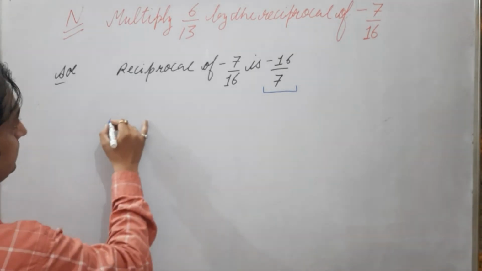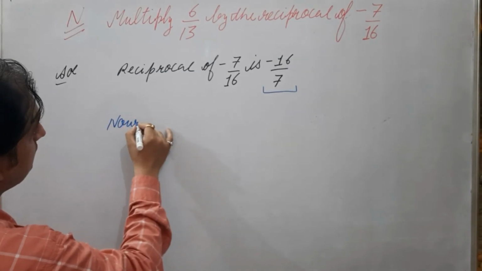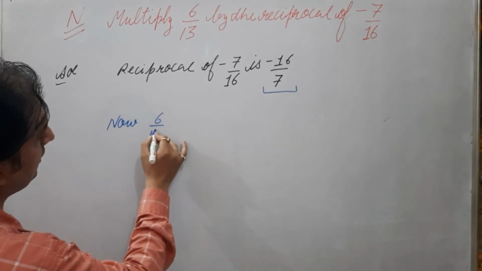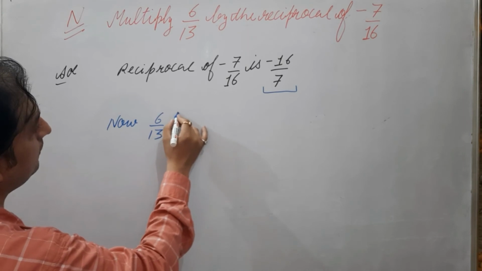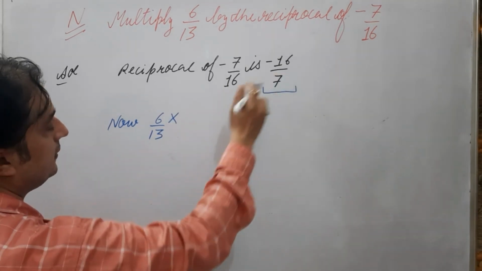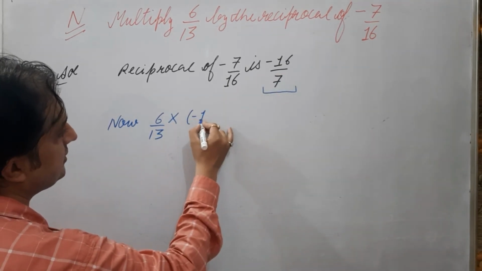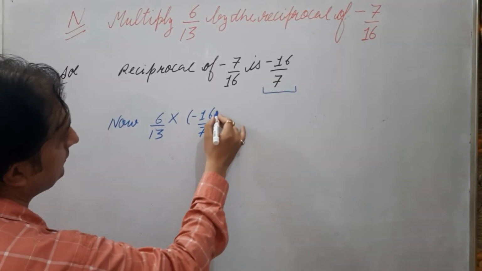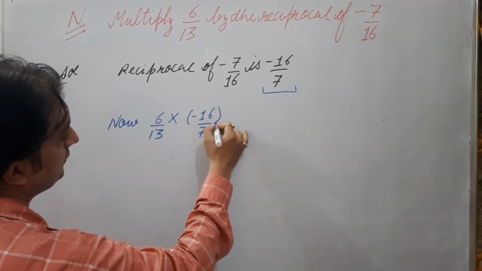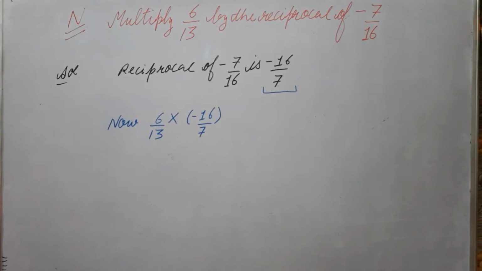Now 6 over 13 multiplied by the reciprocal part, that's minus 16 upon 7. So you have to multiply these two rational numbers.